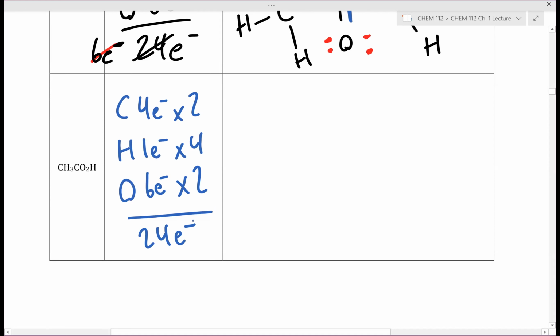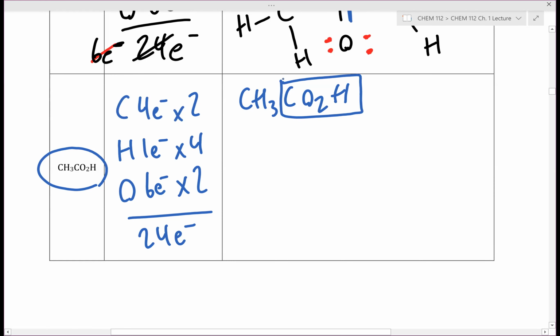We'll talk about why that is later on in this class. So following our skeleton, if our skeleton is CH3CO2H, this is also another functional group, a common structural motif known as a carboxylic acid. Don't worry about that for now.